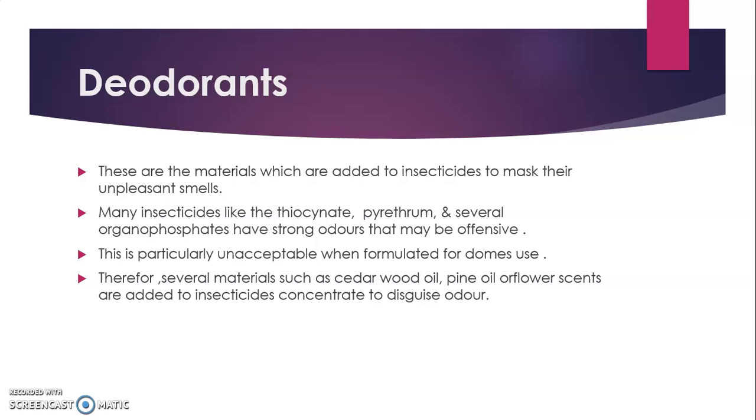This is particularly unacceptable when formulated for home use. Therefore, several materials such as cedar wood oil, pine oil, or flower scents are added to insecticide concentrate to disguise odor.